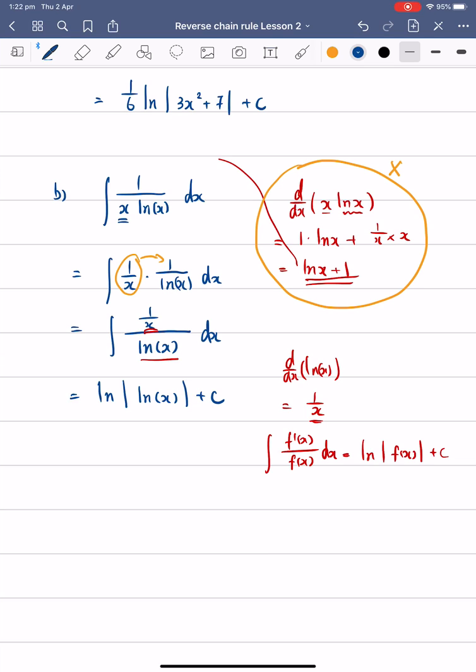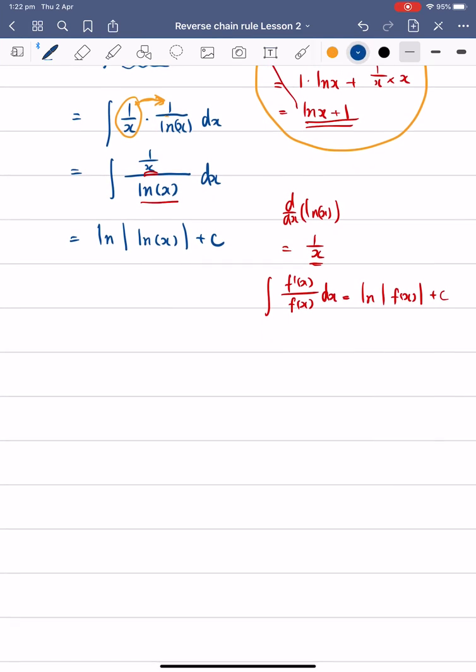If you're treating the entire denominator as the function f(x), it's not going to work. You have to break this part down into two separate fractions. One is 1 over x, the other one is 1 over ln x. And then you move 1 over x to the top numerator, and then it suddenly becomes the correct formula to use. So really interesting and nice question to do.